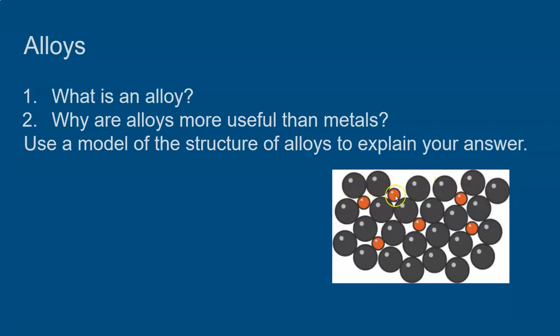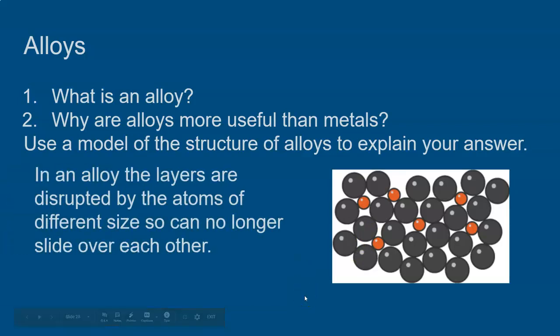So having smaller, or indeed larger, atoms of another element within the metal structure disrupts the layers. And when you disrupt those layers, they can no longer slide over each other. So there's your explanation why alloys are stronger than metals: the different size atoms disrupt the layers so they can no longer slide over one another. Okay, you can read that as well as I can.